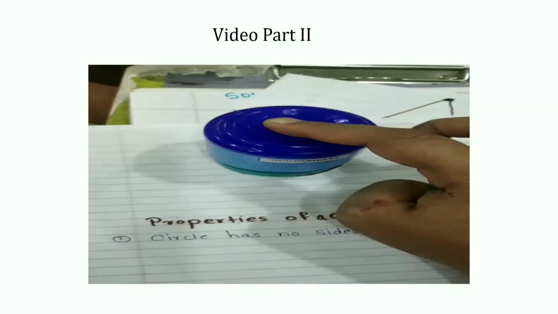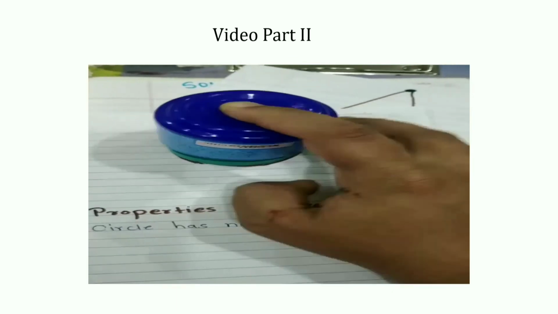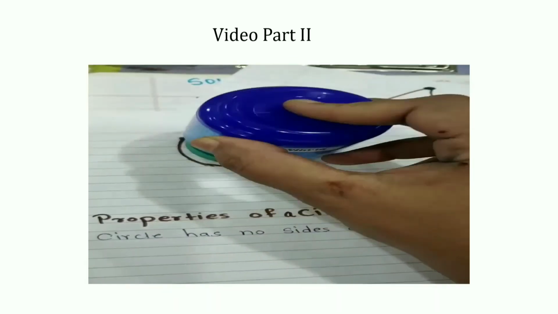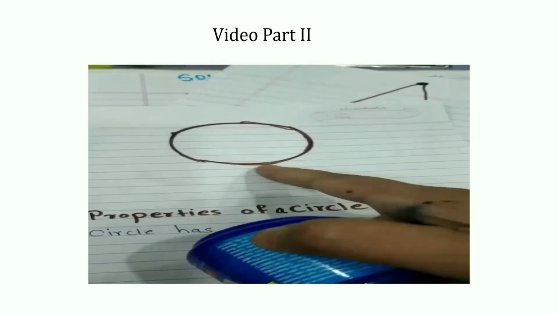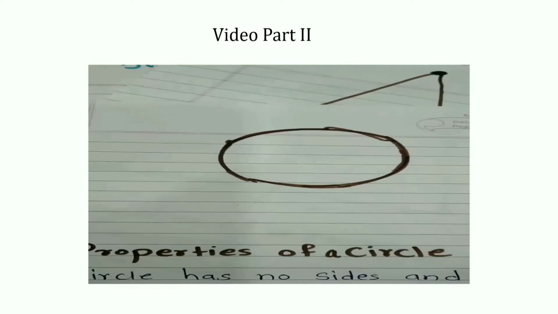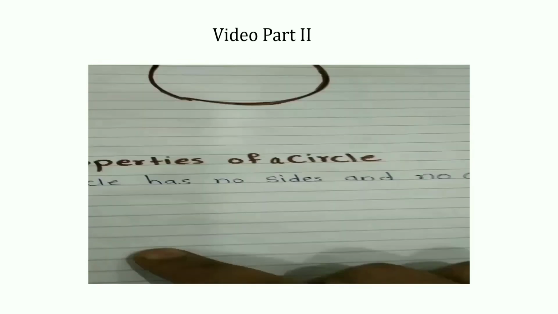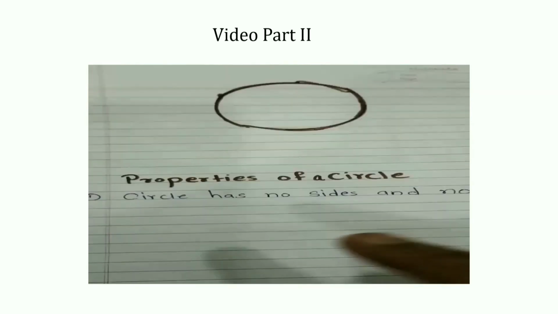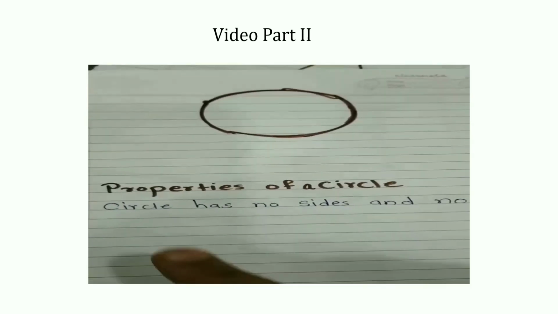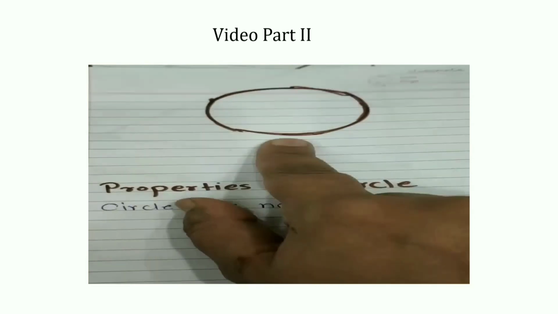When we trace the flat face of this cylinder on a sheet of paper, we get the flat and rounded shape. It is called a circle. Now let's see the properties of a circle. As we can see, a circle has no sides and no corners.